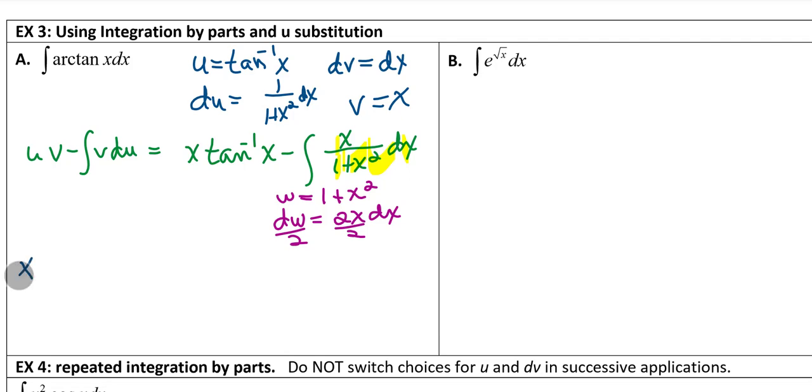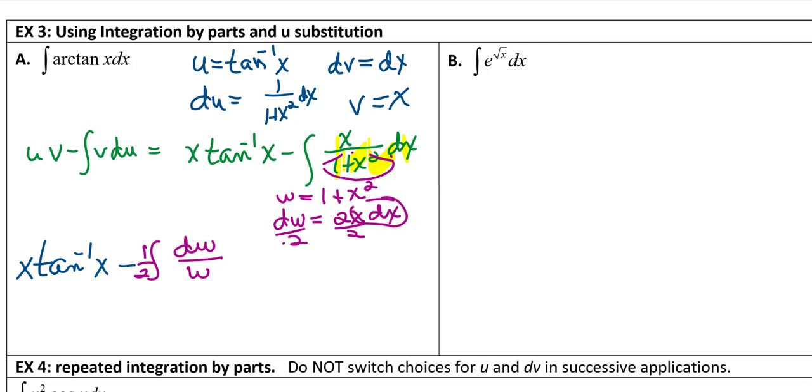So our integration looks like this now. We still have our x inverse tangent of x minus, but now this part is going to become our 1/2 from that, and then we have dw over w, because here's the w, and the dw is our x dx.